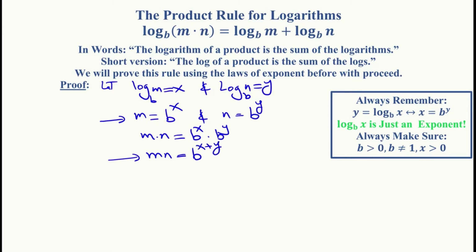All right, we've pretty much accomplished whatever we wanted to accomplish using the exponential form. Now we're ready to go ahead and go back to logarithmic form. So we're going to take this equation and we're going to put it in logarithmic form.